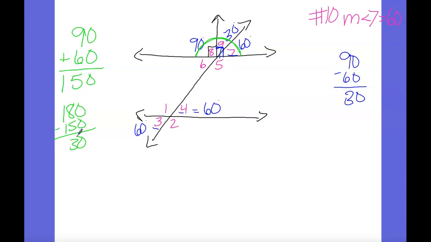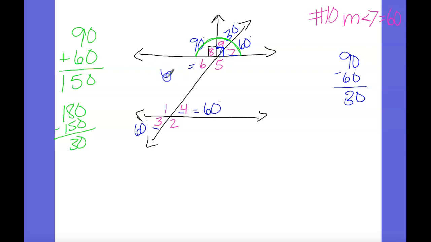Yes, 6 and 7 do have a relationship, but it's nothing we've talked about today. Starts with a V, though. Vertical. 6 and 7 are vertical angles, so vertical angles are the same. So what is the measure of angle 6? 60.